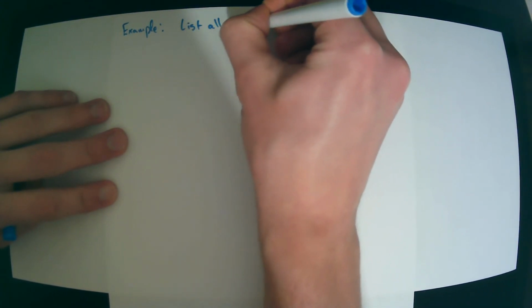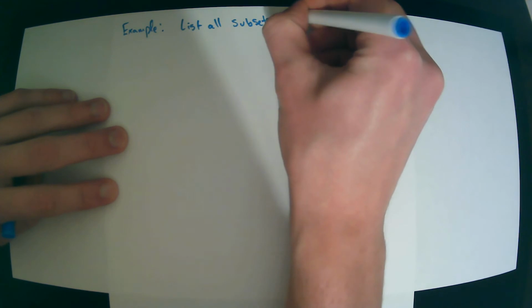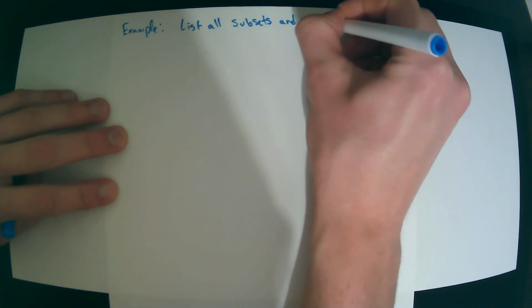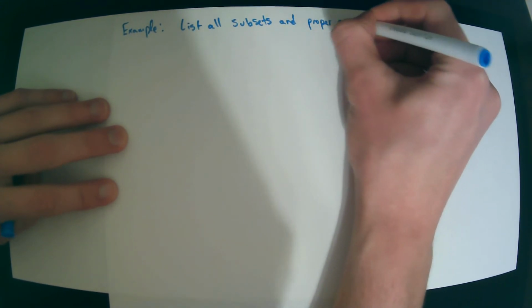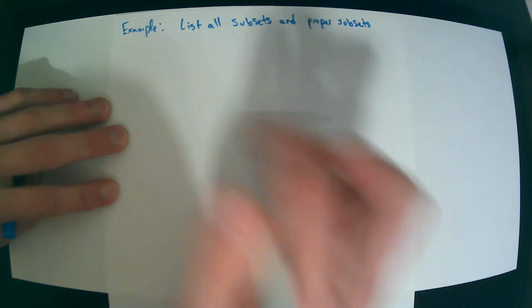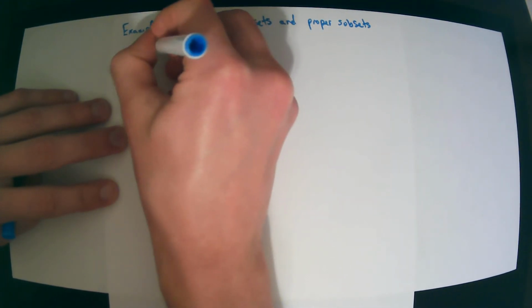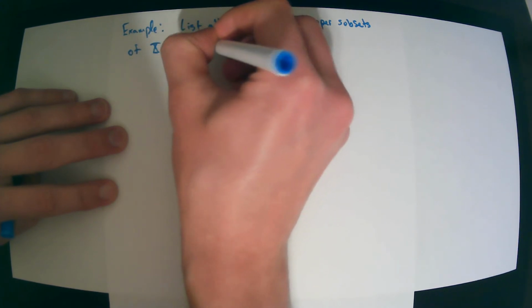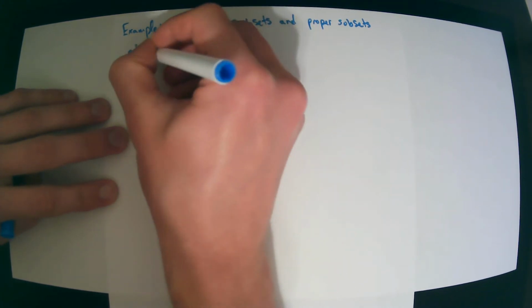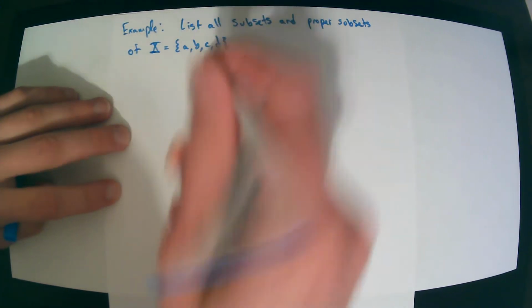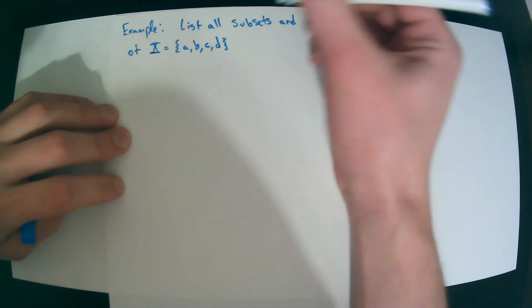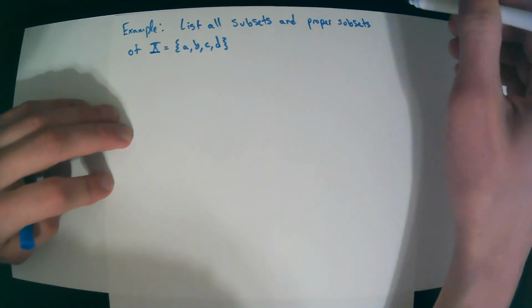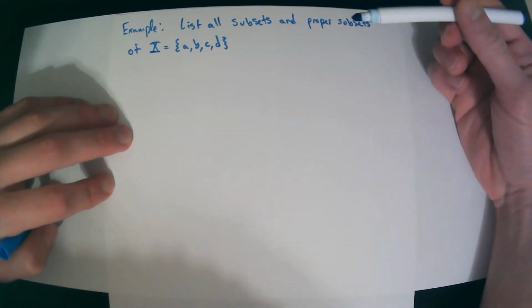List all subsets and proper subsets of, and let's make the set A, B, C, D. I know that I put an E in there in the notes, but that's going to be a little bit excessive. You'll see why in a second. List all subsets and proper subsets of X.